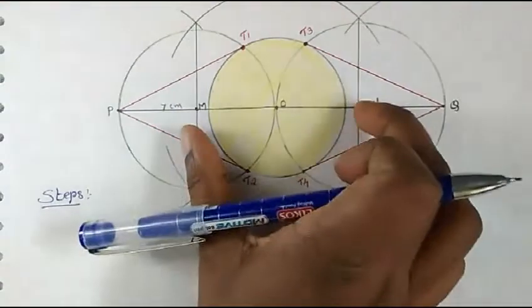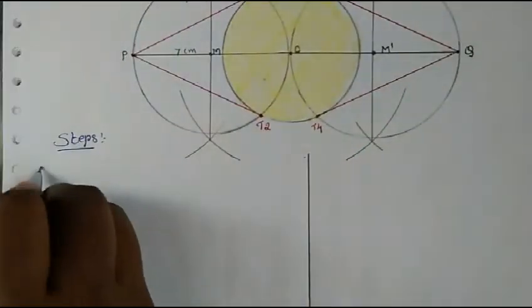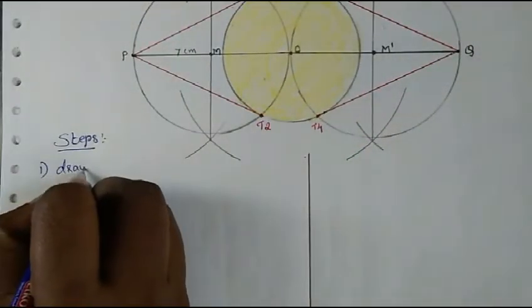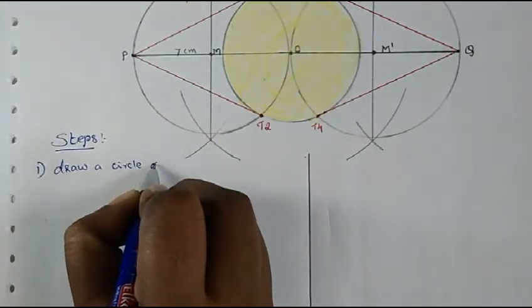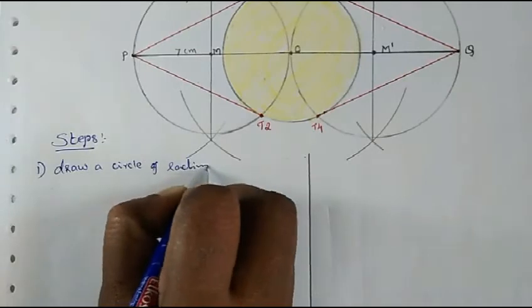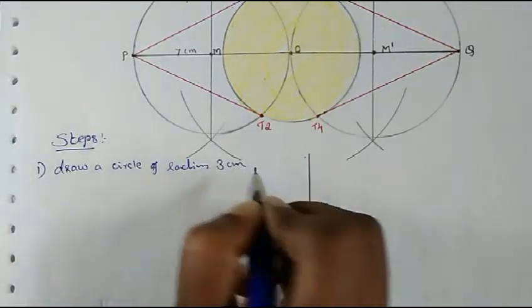So how will we write the steps? First, we drew the circle. So draw a circle of radius 3 centimeter.